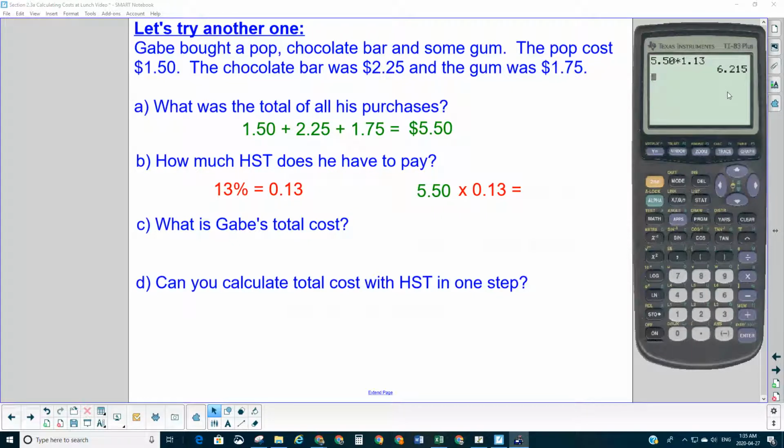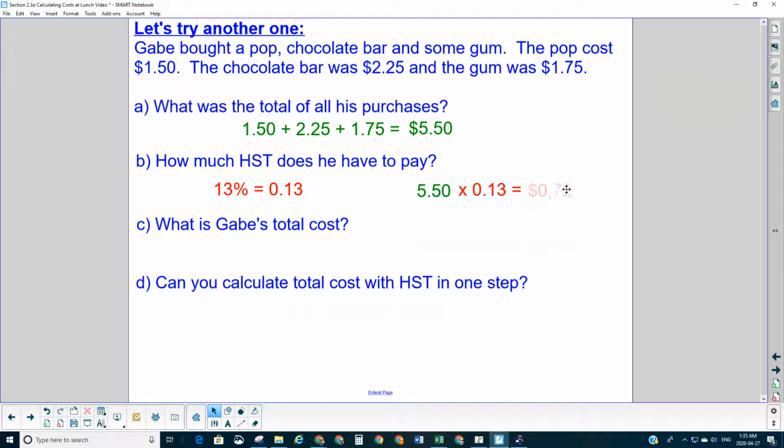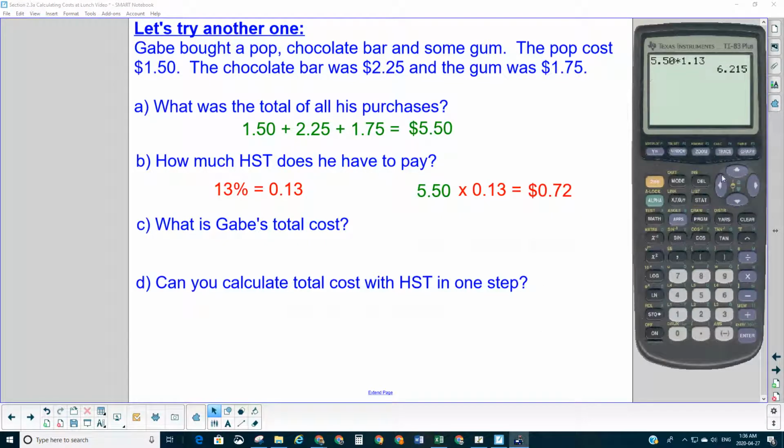Okay, so again, round to 2 decimal places for money, so 6.215. All right, that 5 is 5 or above, rounds it up. So this is going to be $6.22. Oh, sorry. I did times 1.13. I should have done $5.50 times 0.13.